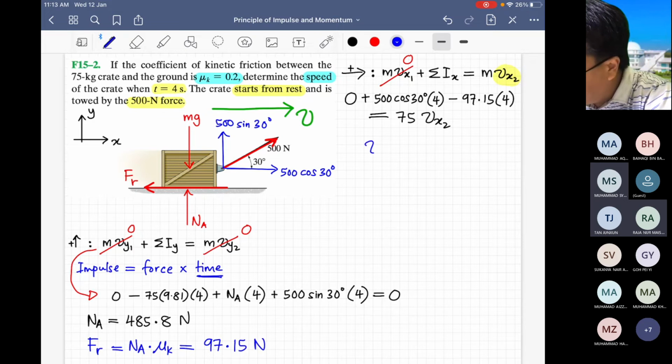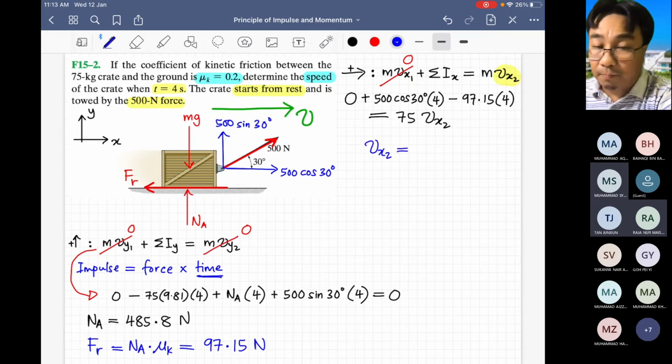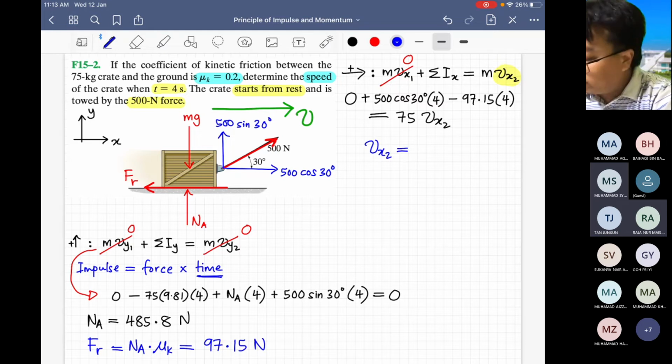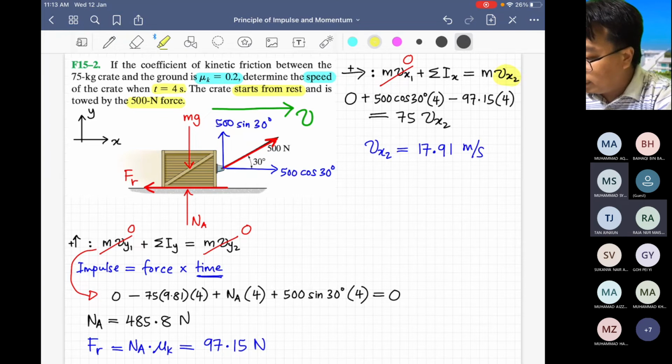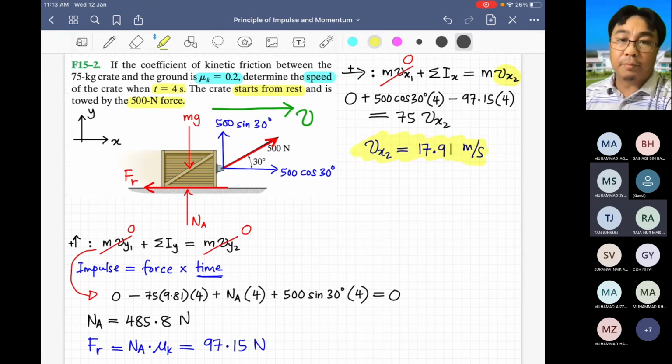Okay, Vx2 is actually equal to 17.91 meter per second. So inilah jawapan akhir kepada soalan ini. So this will be our final answer.